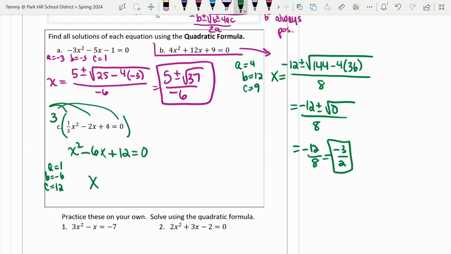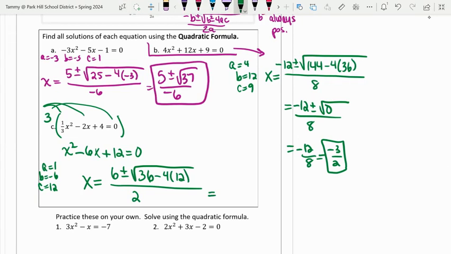Use the quadratic formula, so x equals negative b, so that's going to be 6, plus or minus the square root of b squared. If I square negative 6, I get 36, minus 4 times a times c, which is 12, over 2 times 1, which is 2. Finish this: 6 plus or minus the square root of 36 minus 4 times 12, which is negative 12, over 2.